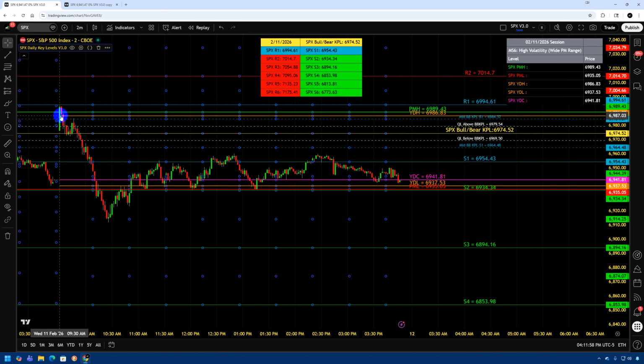However, like I said, that doesn't mean that, let's say, instead of it selling off like it did here, if it started closing above R1 in succeeding candles, then you could consider a bullish trade off of R1 if price action was giving us a bullish trade setup off of R1. Or the reverse, if we have a bearish trade setup off of R1, then we can consider an R1 bearish trade for a move back down to these levels down here.